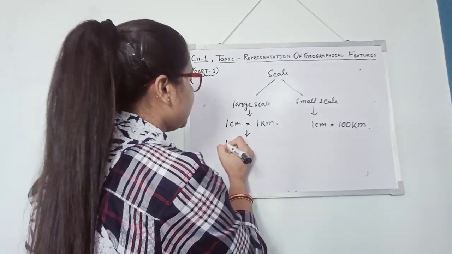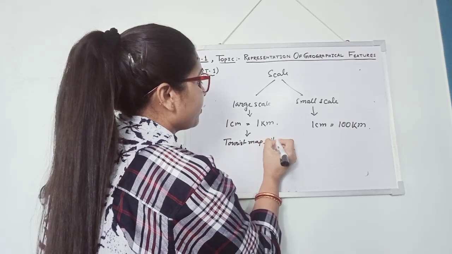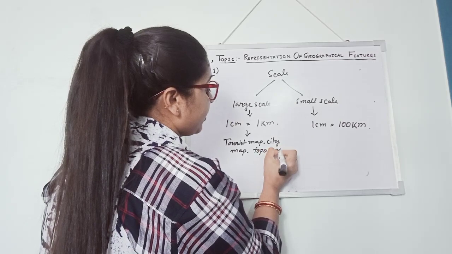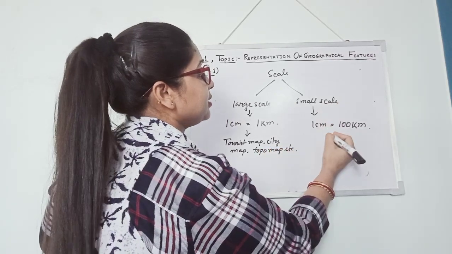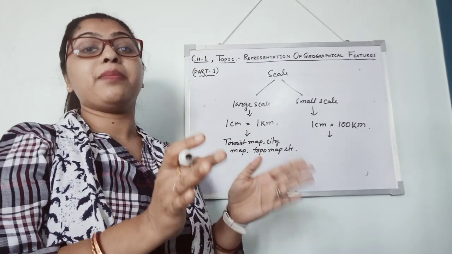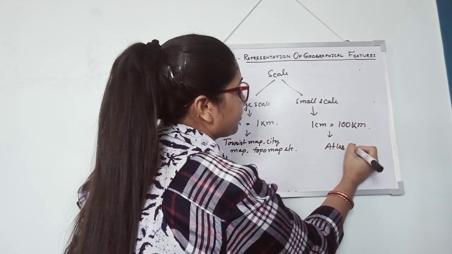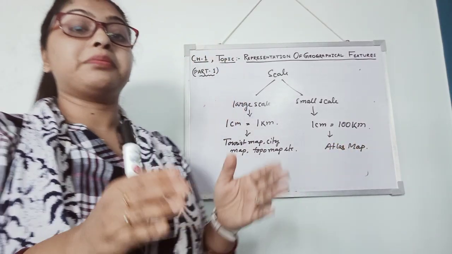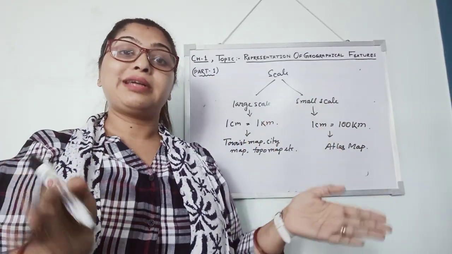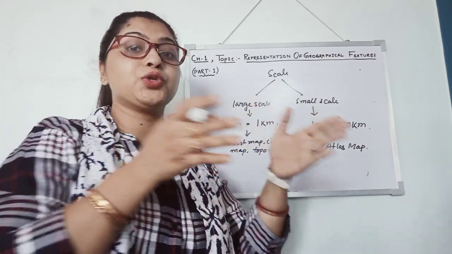Examples are a tourist map, any city map, or a topographical map, topo map, etc. And small scale: all the atlas maps are small scale maps, because we have taken a large area, a continent, or our whole country, and we have replaced or represented it from 3D condition to 2D condition.